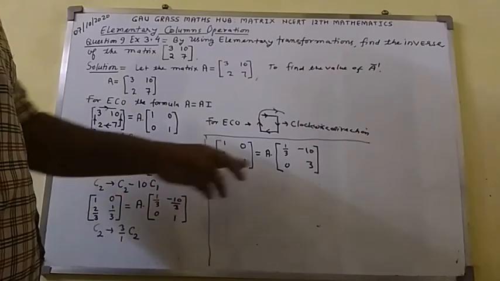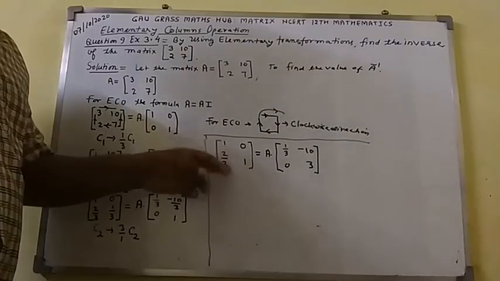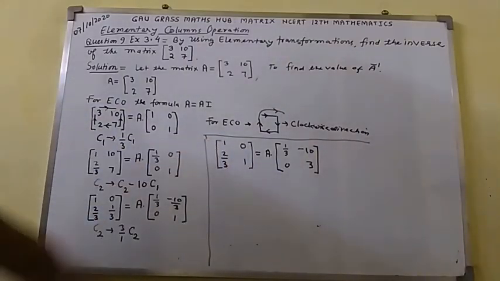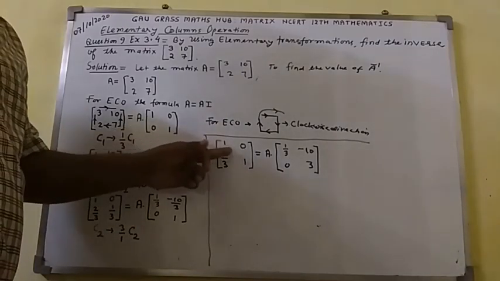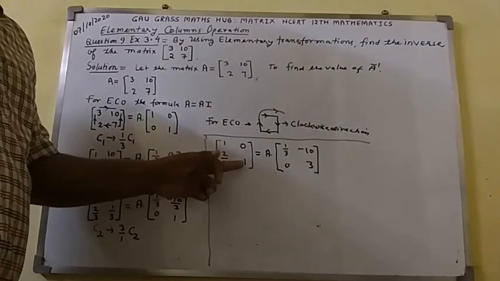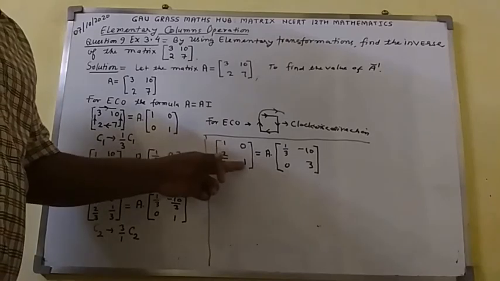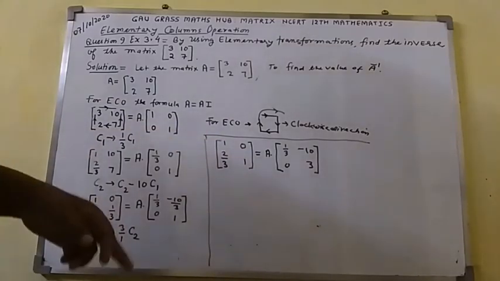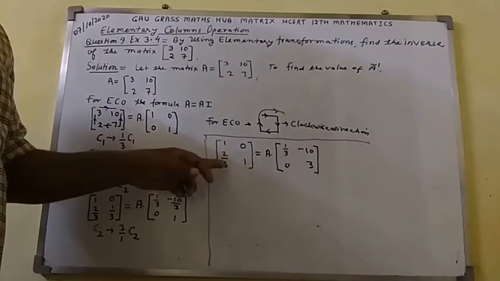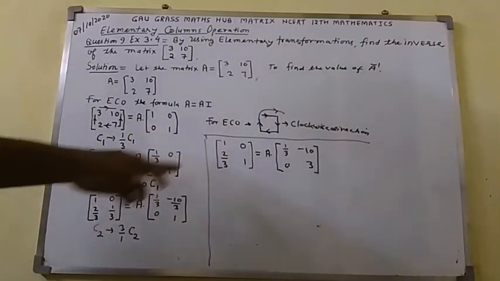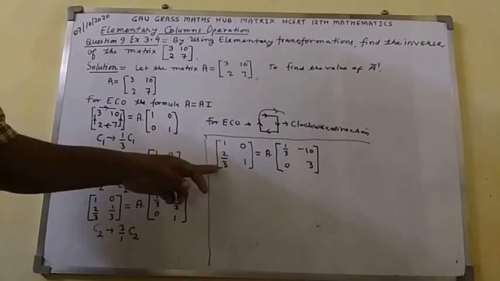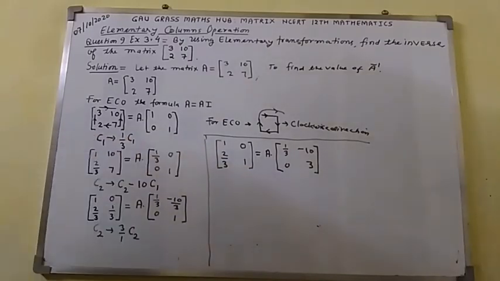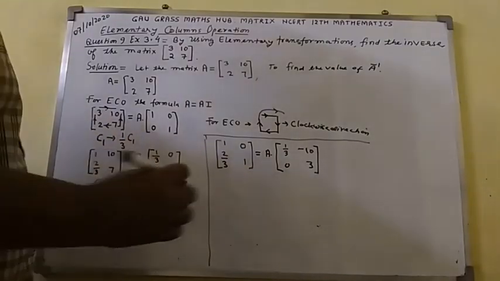Now here you can see this matrix is going to be an identity matrix. The elements in the principal diagonal should be 1. So here 1, 1. You have got 0 here. So in order to make this matrix an identity matrix, 2/3 must be 0. Then you again apply a property.